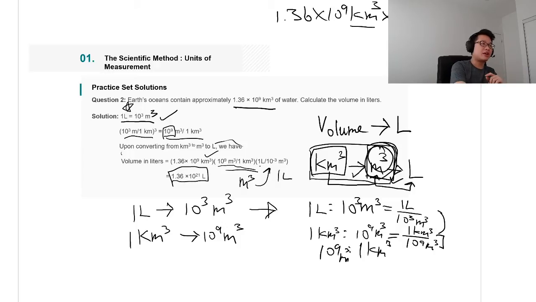Because we start with kilometer cube, we have to have kilometer cube on the denominator so it can be cancelled out, and we put meter cube on top, so it is the only one remaining. If we cancel that out, we will have 1.36 times 10 to the power of 9 with the unit meter cube. It's a pretty long number.